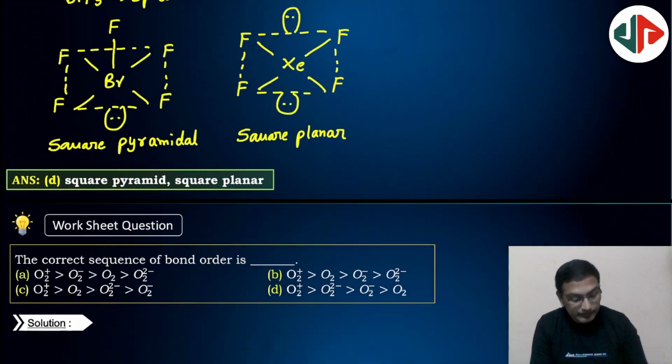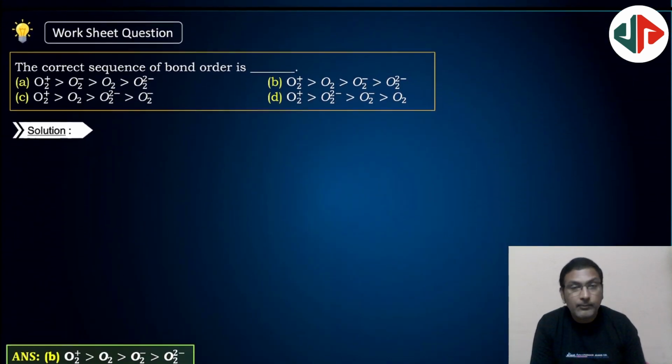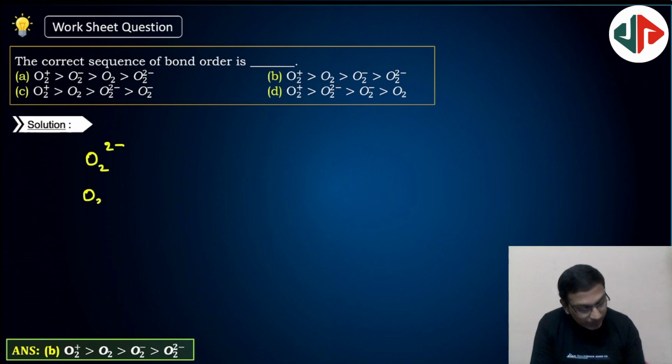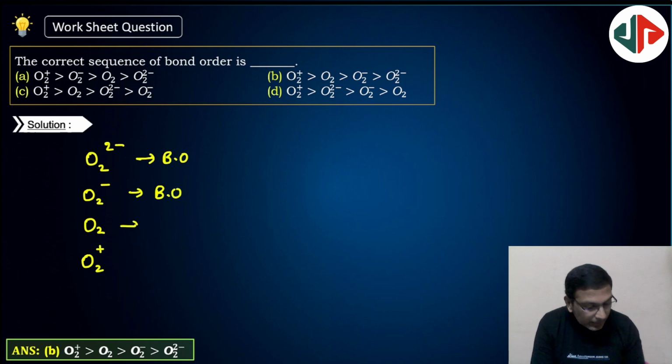Next one. So the correct sequence of bond order is, here given O2 2 minus, O2 minus, O2 and O2 plus. So based on molecular orbital theory, you can calculate bond order.